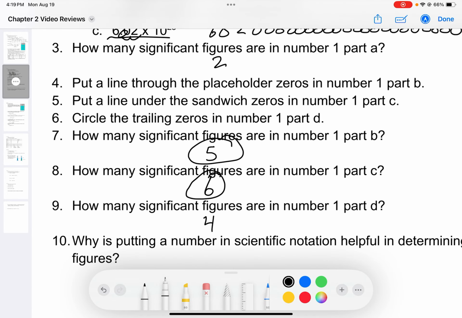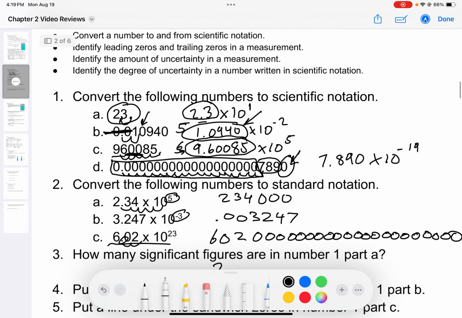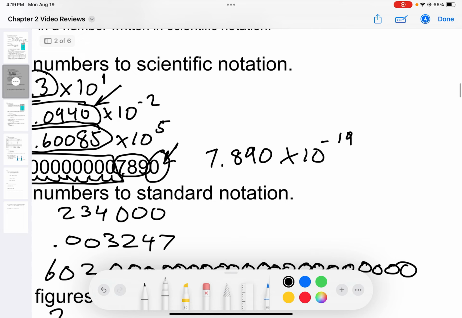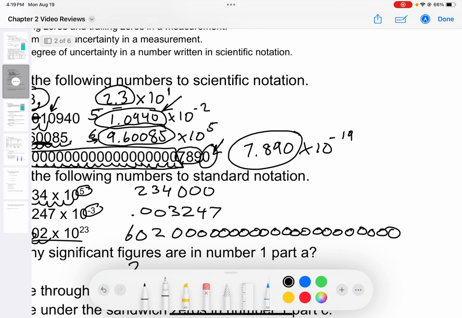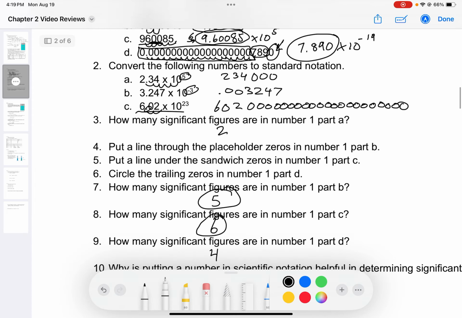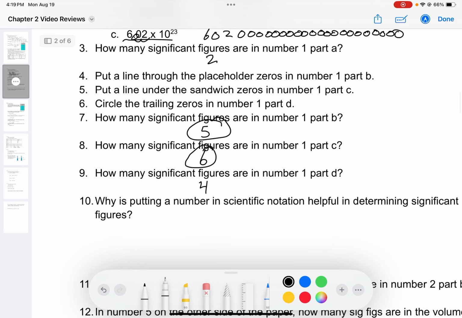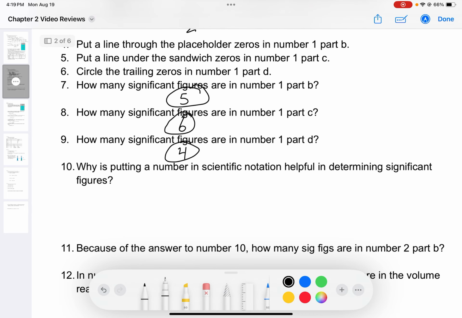Or excuse me, let's look at number 1, part D. Notice that in the scientific notation for number 1, part D, there's 4 numbers there, 7, 8, 9, and 0. And look at our answer to how many significant figures are in number 1, part D. We said 4. So, why is putting a number in scientific notation helpful in determining significant figures?